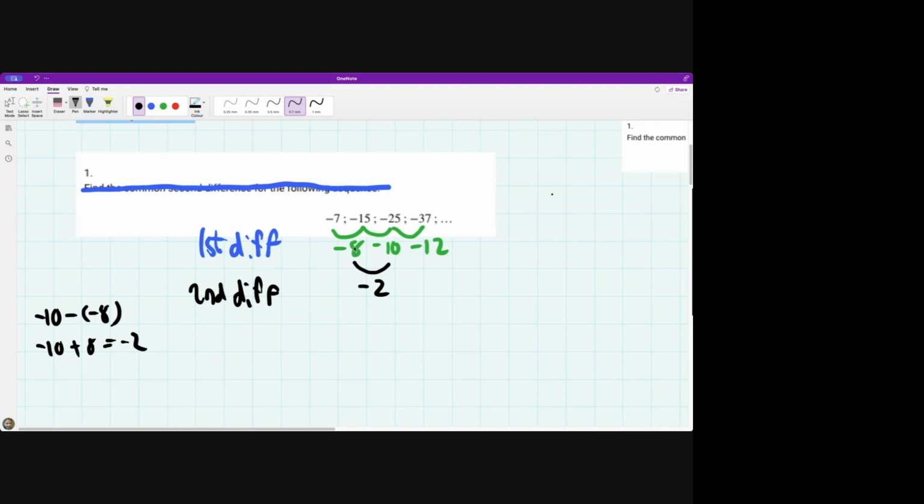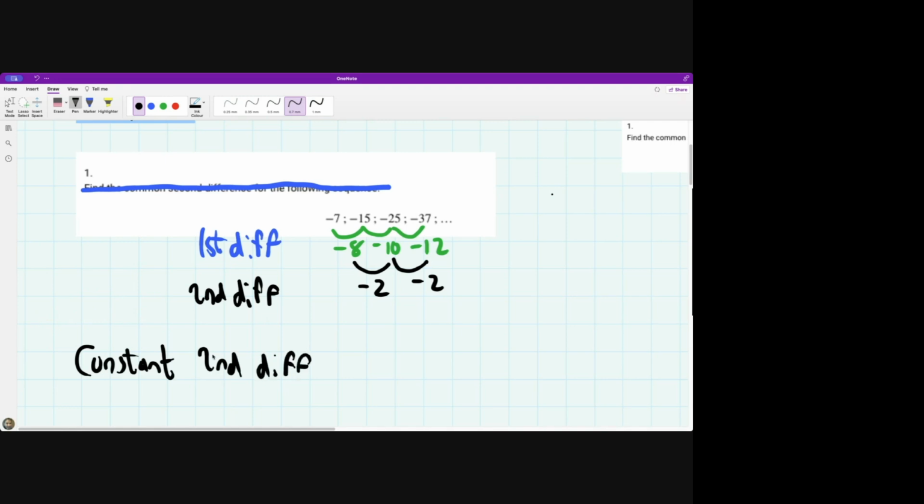But it's also easy to see that I take away 2, and then I take away 2 again. So in this number pattern we have a constant second difference. And when we have a constant second difference, we know that it is a quadratic pattern. So it's not going to be an arithmetic or a linear pattern. It's going to be a quadratic pattern.